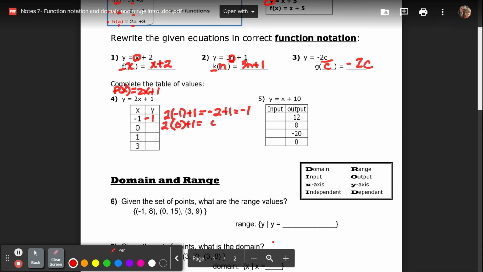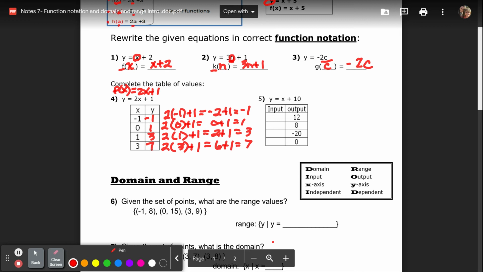That'll give you 0 plus 1, which is 1. Then we go 2 times 1 plus 1. So 2 times 1 is 2, plus 1 gives us 3. And then we have 2 times 3 plus 1. And 2 times 3 is 6, plus 1, which gives us 7.